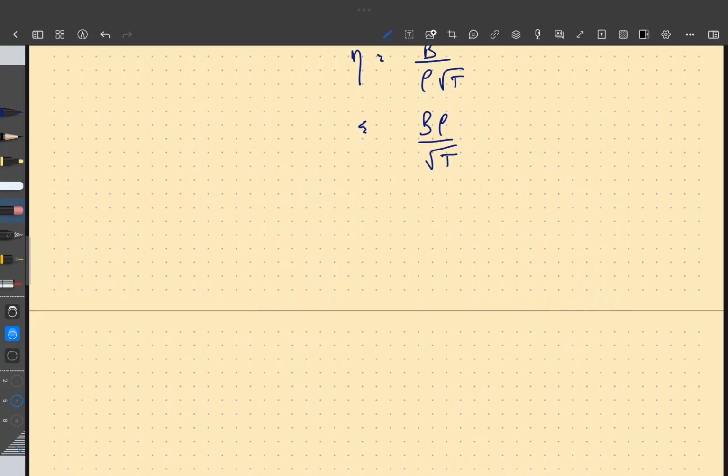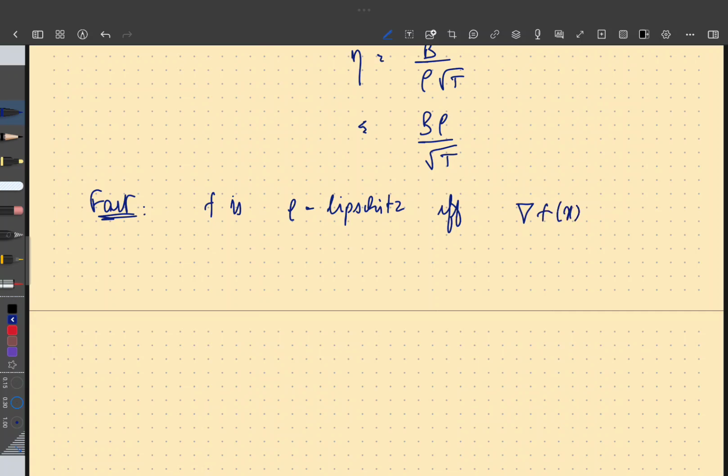So you can also replace this with the Lipschitz condition. If I say f is rho Lipschitz, it means that the norm of f of x minus f of x prime is less than or equal to rho times the norm of x minus x prime.